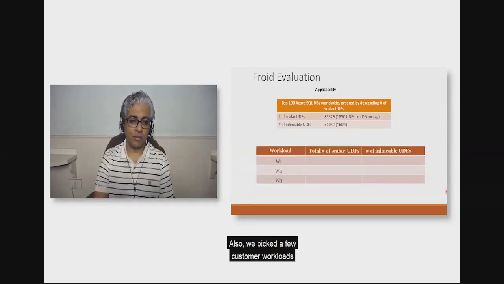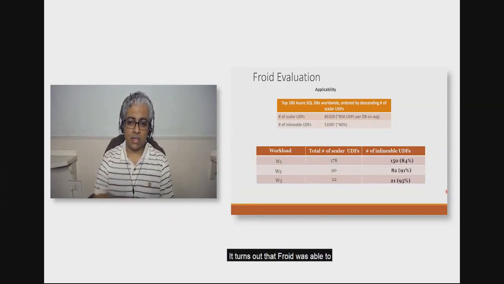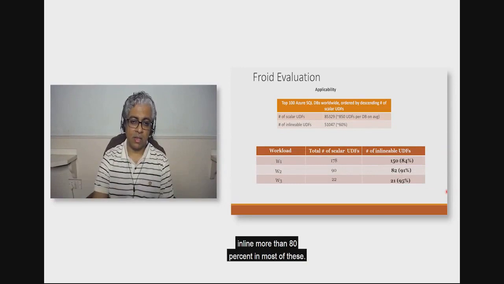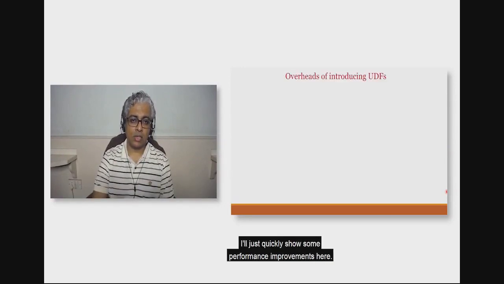We also picked a few customer workloads under NDA for deeper analysis. These workloads, W1, W2, and W3, had a bunch of scalar UDFs, and it turns out that Froid was able to inline more than 80% in most of these.